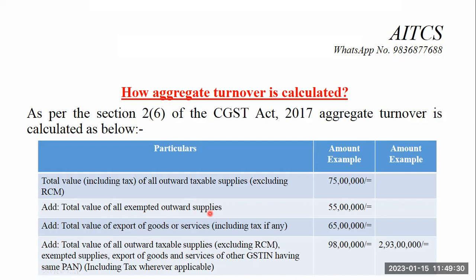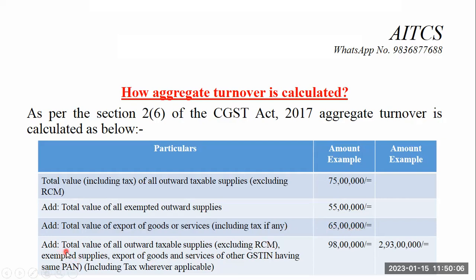Meaning if the taxpayer has made any exempted outward supplies, that should be added. Again, the total value of export of goods or services including tax, if any. If the registered person has made any export of goods or services, if IGST has been paid, then that should be taken into account. For example, it is 65 lakh.